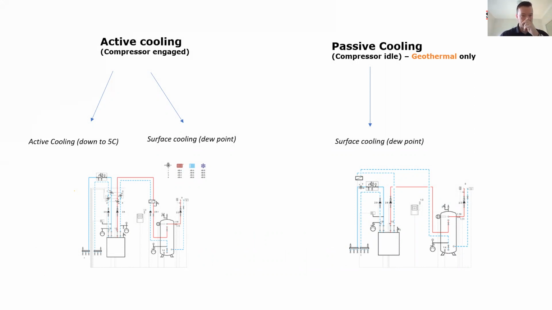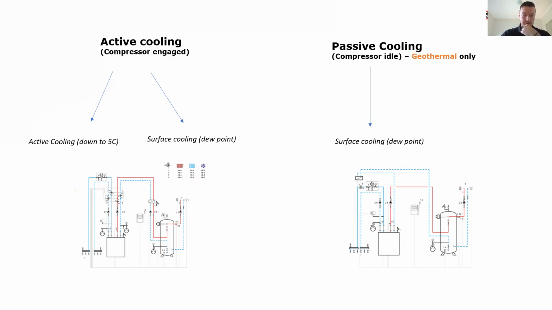The easiest way to keep them separate, in my opinion, is to talk active cooling, meaning the compressor of the heat pump is engaged, be that an air source or a geothermal heat pump, versus passive cooling, meaning the compressor is completely idle. That by definition means that a geothermal system can perform passive cooling, and an air source heat pump cannot.